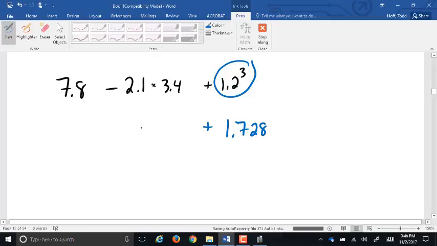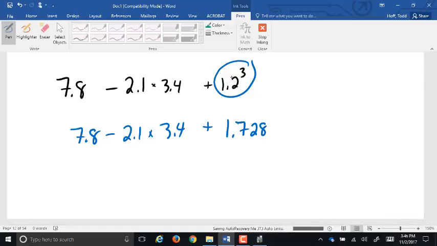So we take out the 1.2 to the third power, we replace it with 1.728. Now, what's the next operation we have to perform? Multiplication. Perfect.